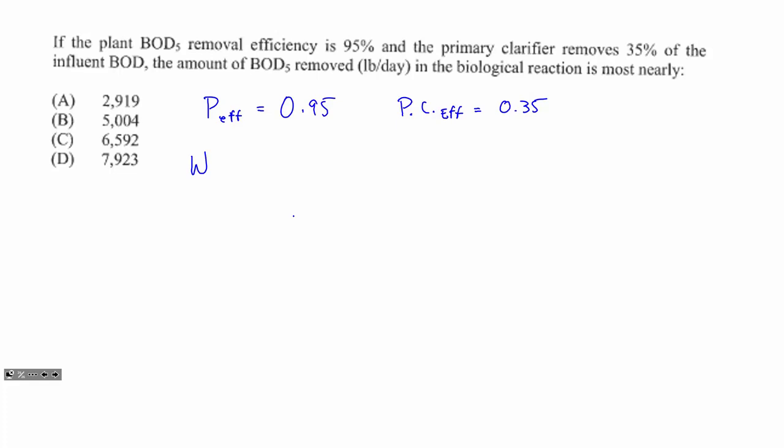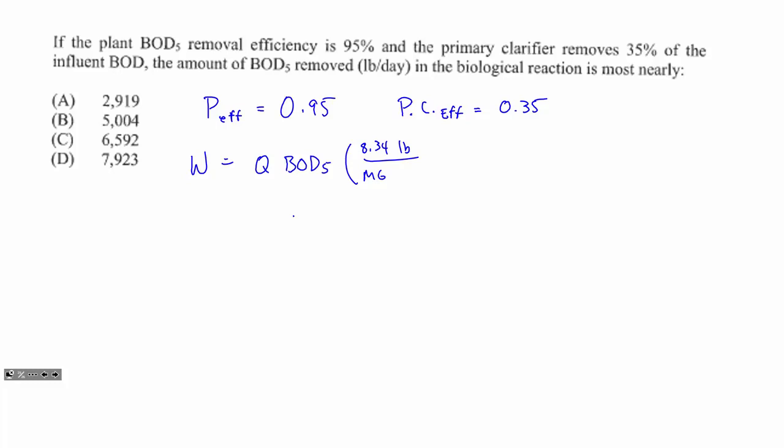It's basically telling us the weight of that BOD is going to be equal to Q times the concentration at BOD5 times a conversion factor. So here we have to use this conversion factor that we have, 8.34 pounds per million gallon.